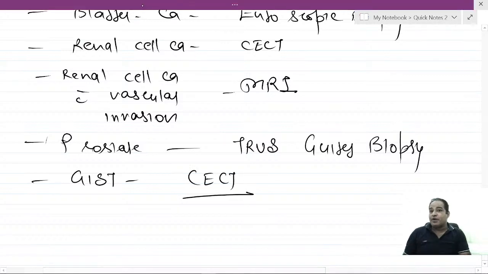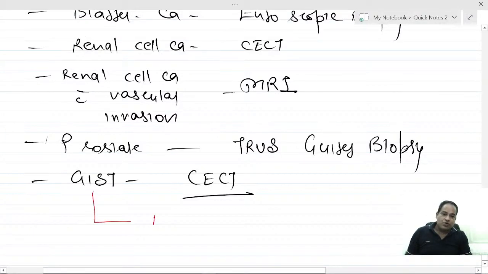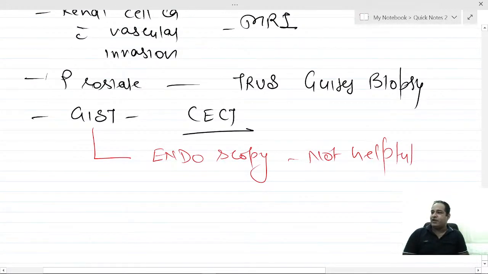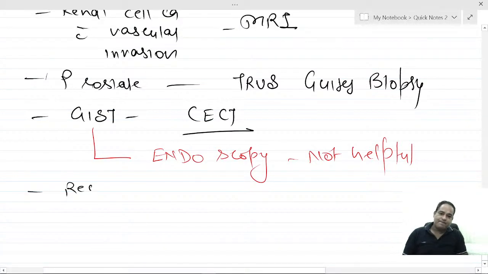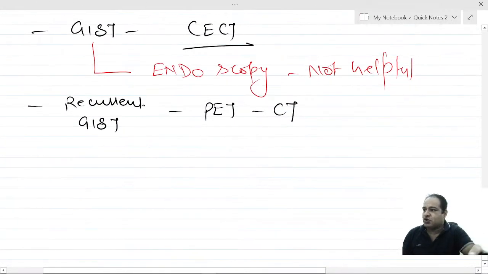Gastrointestinal stromal tumor, contrast CT. Mind you, in gastrointestinal stromal tumor, endoscopy is not helpful because the tumor is deep seated. For recurrent gastrointestinal stromal tumor, the investigation of choice is PET CT.